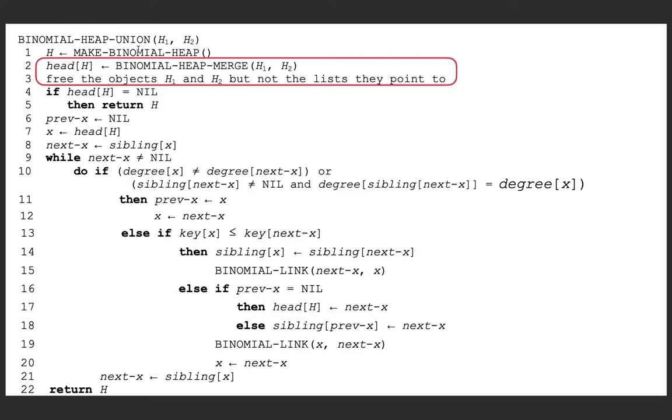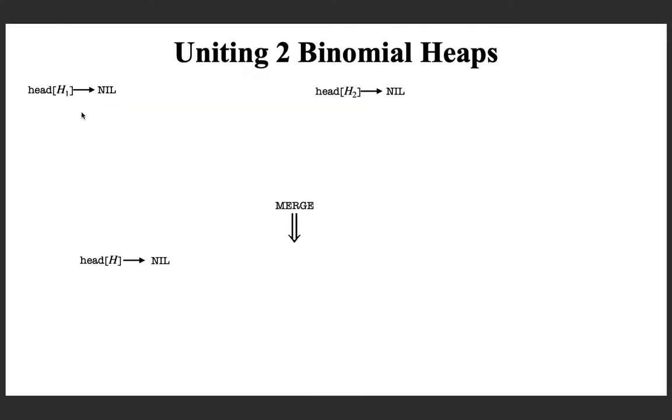Then we have to look at a corner case. Suppose these are the instances to merge. Both the initial lists are empty. Only in that case you will get the merged list as an empty list. So you have to check for that corner case.